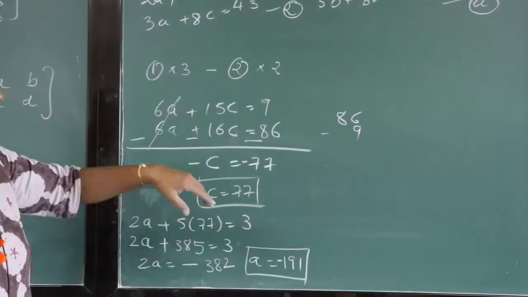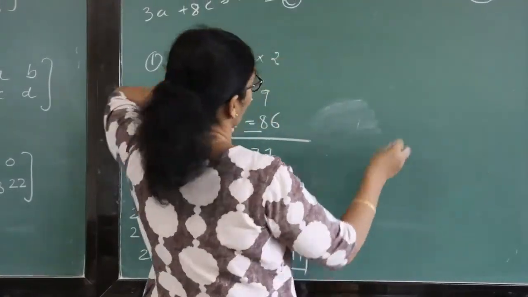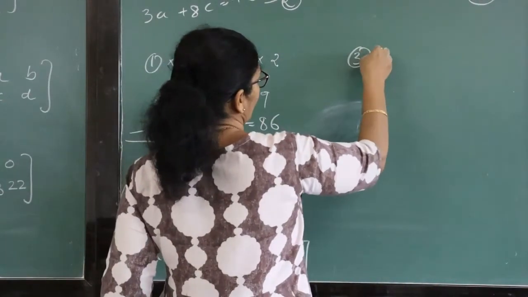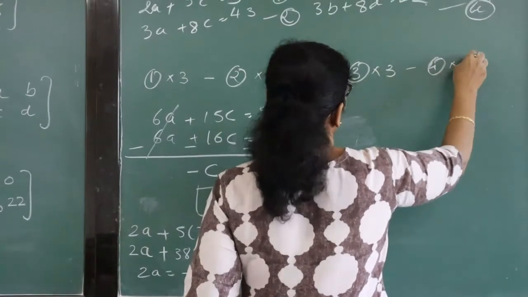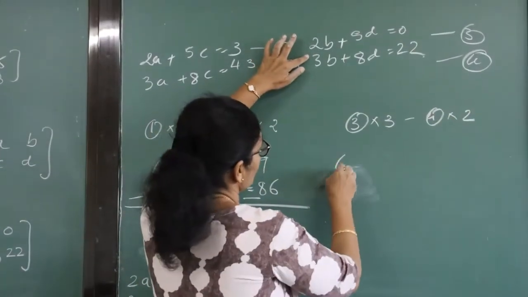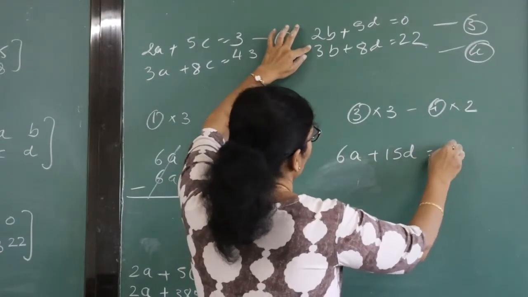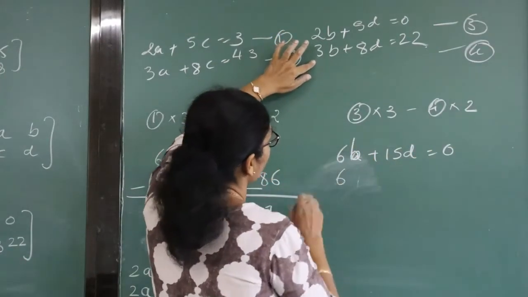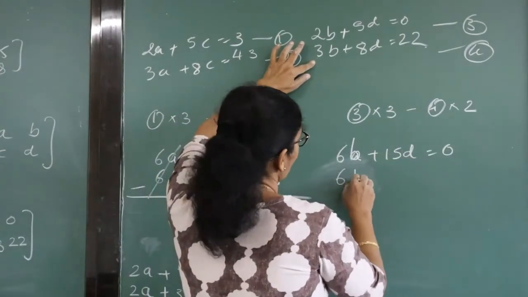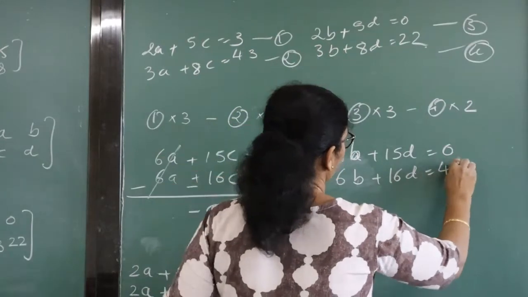Now after getting a and c, the same method you have to follow for the third and fourth equations. Third equation multiply with 3 minus fourth equation multiply with 2. 3 2s are 6b, 5 3s are 15d equal to 0. 3 2s are 6b, 8 2s are 16d, and this will be 44.